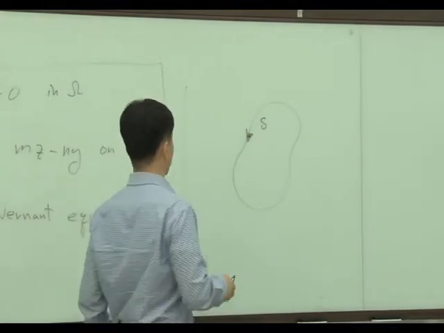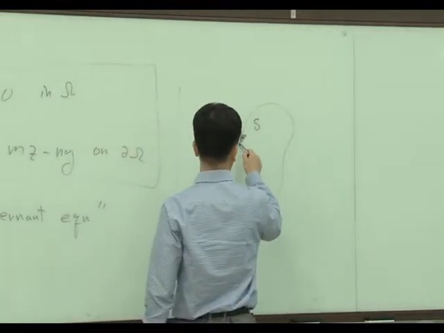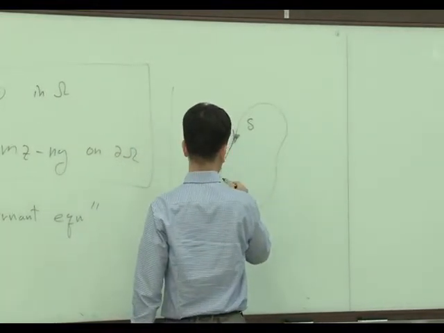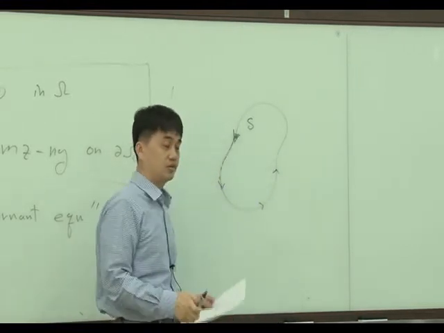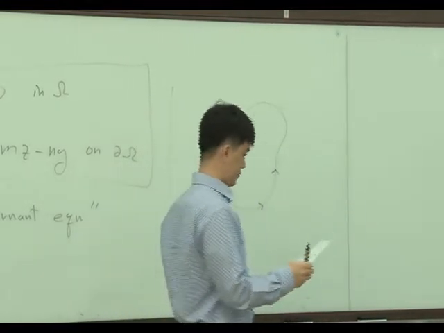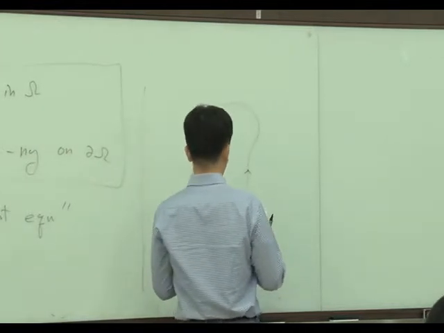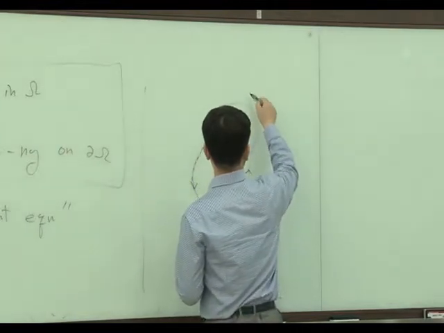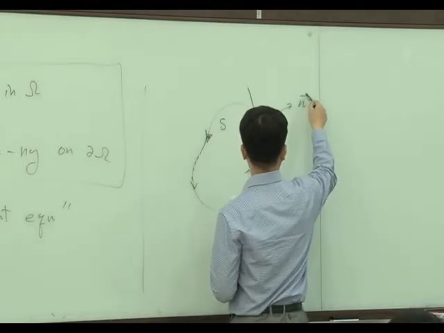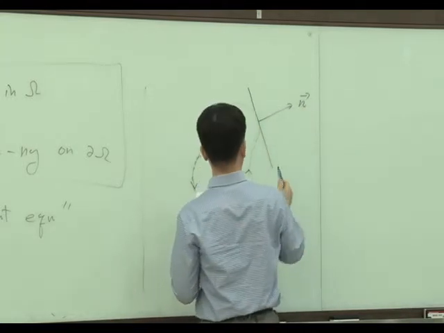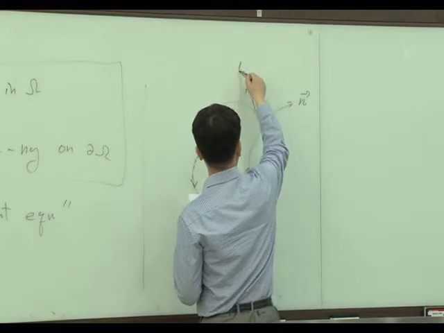S is a coordinate through the boundary. Okay? S is a new coordinate. And let's consider here the normal vector n. This is the normal vector, this is the tangential vector t.